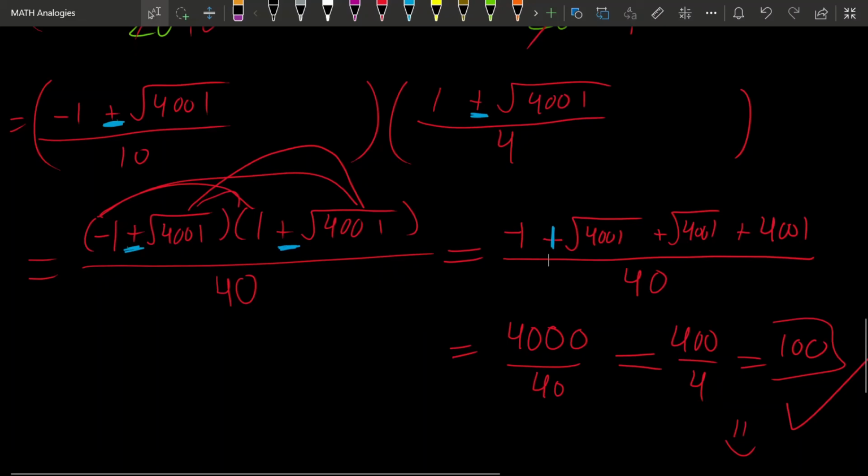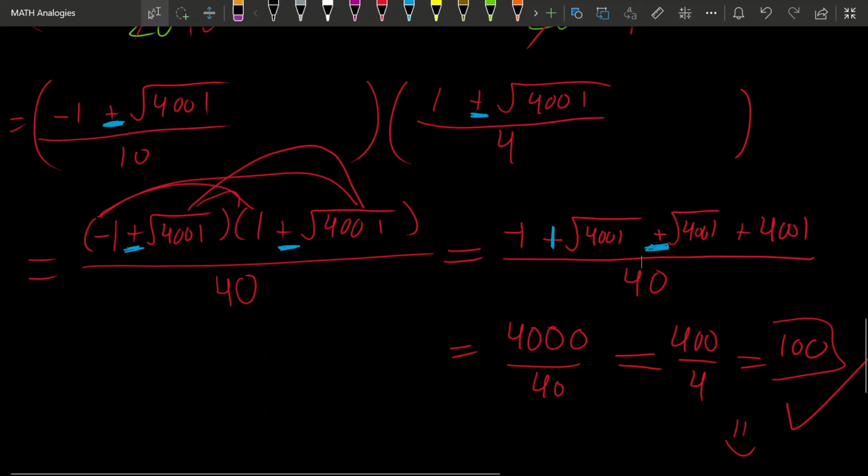Alright, what about these, the inner? The negative square root times 1. So this time it's negative. Alright, and finally we would have the negative square root times the negative square root.